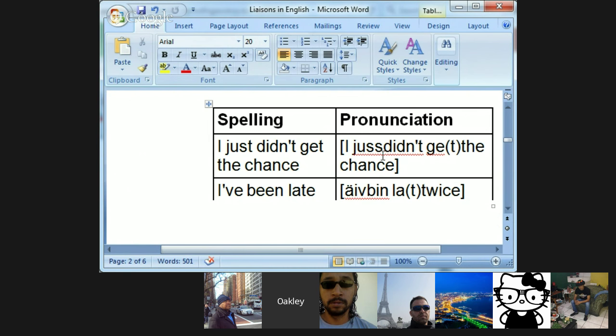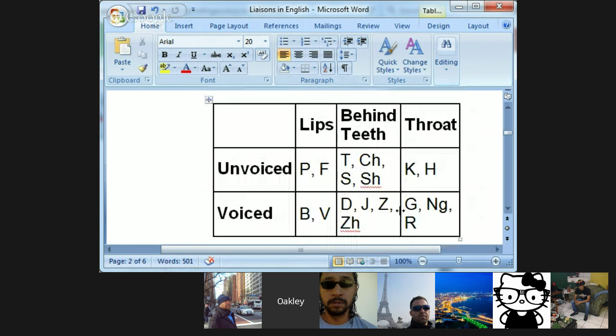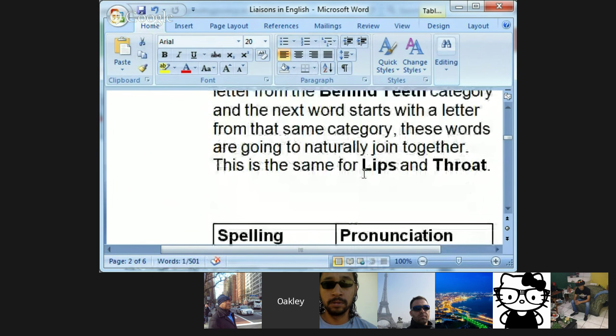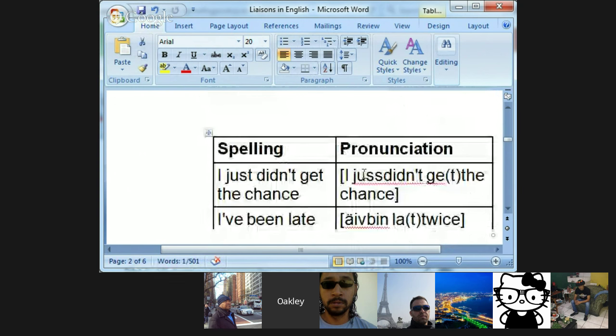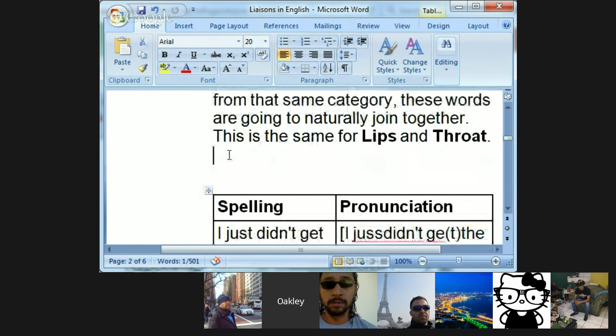There's two things going on here. Number one, the S sound is unvoiced behind the teeth, and so is the T sound. Number two, in an American accent, we have something called a flapped D, or a fast D sometimes.